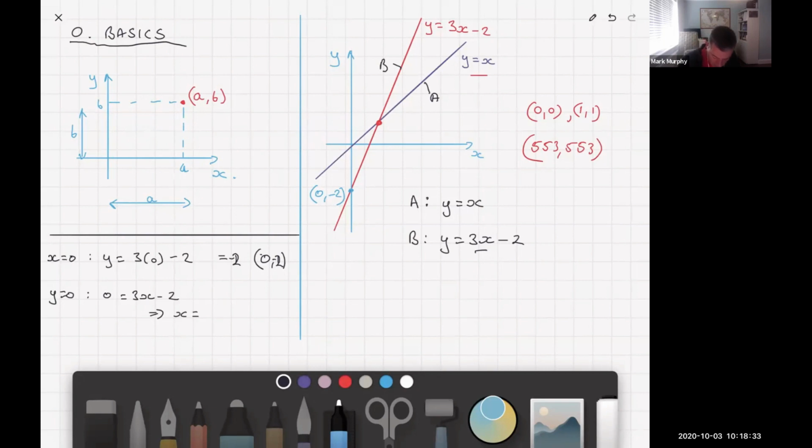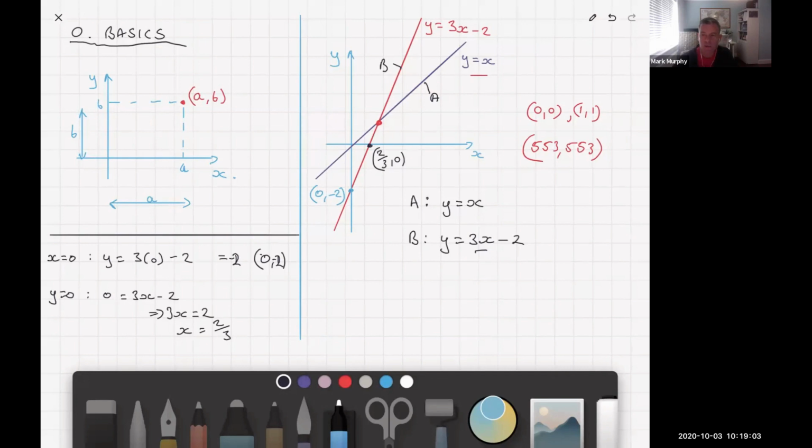No, hold on, we'll write just 3x is equal to 2, so x is equal to 2 over 3. I think that's right. I'll just double check that. Y is equal to 0, bring the 3x across, 3x is equal to 2, x is equal to 2 over 3. So we can say that point here is 2 over 3, 0. I think that's right. Even if anyone else is telling me otherwise, you might let me know.